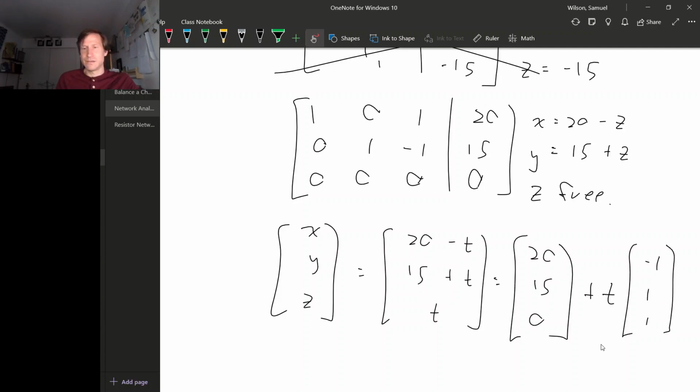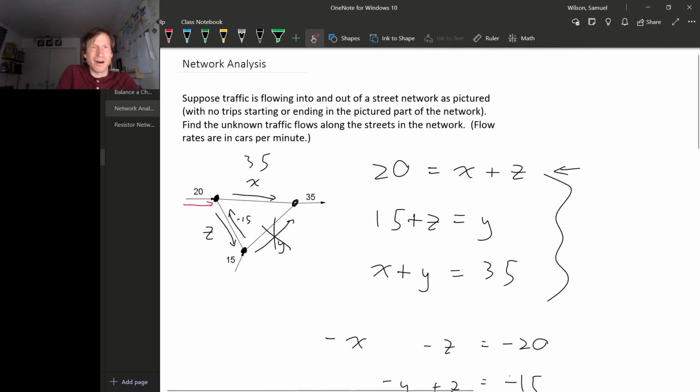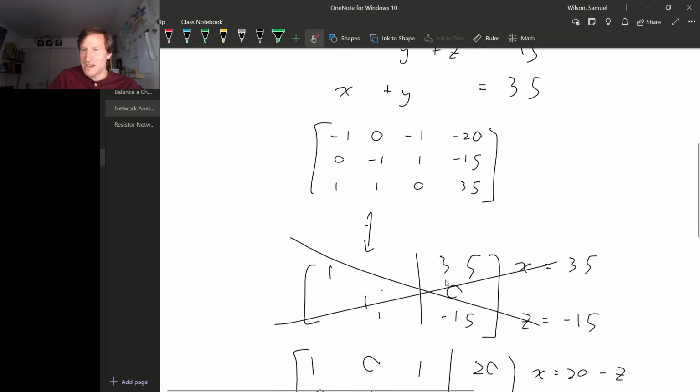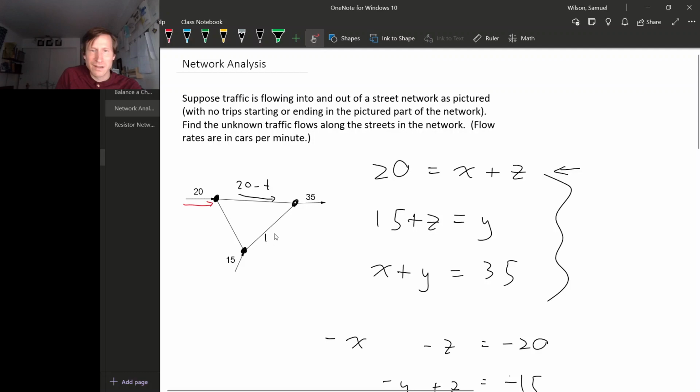Like this. So one way or another, we've got 20 minus t across the top. So let me erase these. These are not right. So we've got 20 minus t across the top. Across the right hand side, that's y. We've got 15 plus t. And then the left hand side was t, going this way.